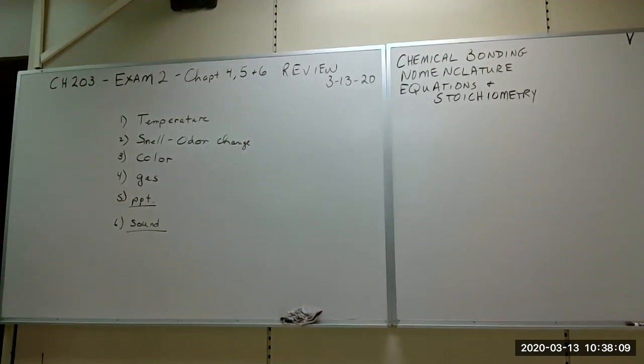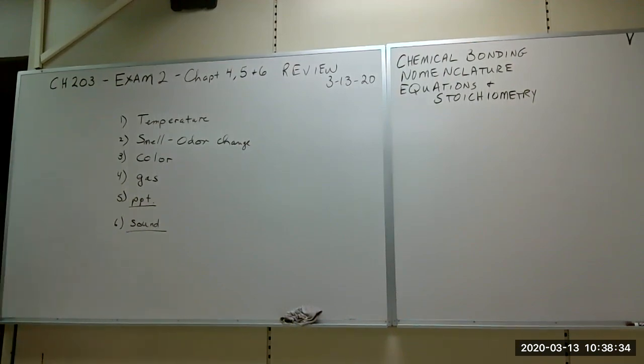Acids are sour and bases are bitter. Not anymore. Let's see, that's 1, 2, 3, 4, 5. That's it, right? No more senses. Extrasensory perception. Feel the reactions occur. That doesn't work.